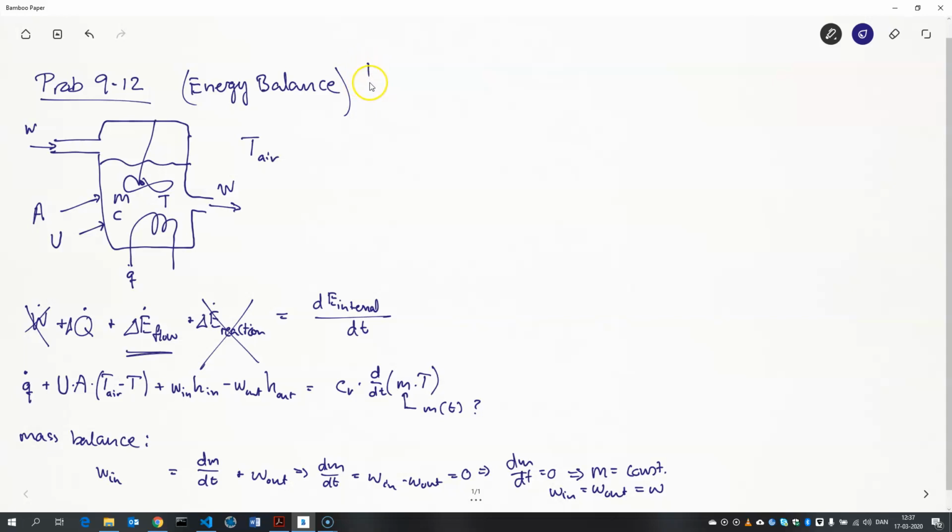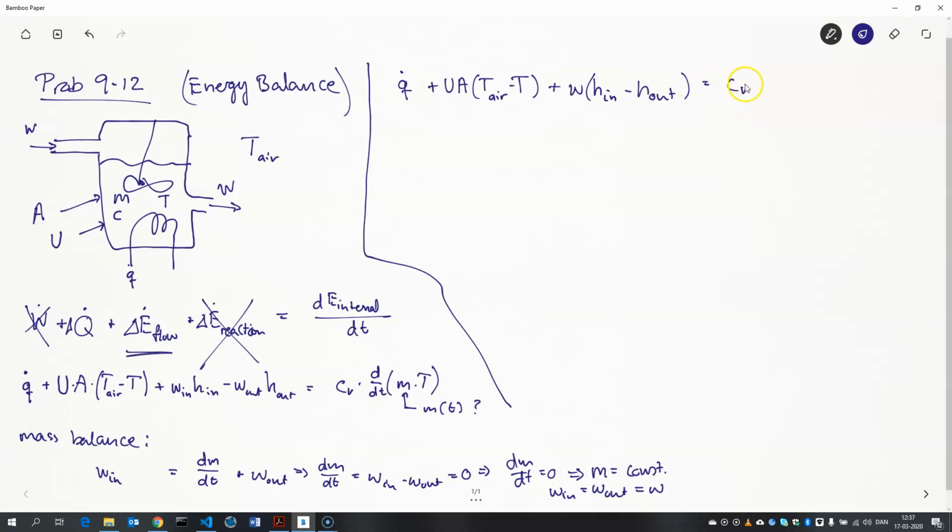So that simplifies our equation. I'll just draw a line here. And we can write Q dot plus U A times T air minus T, plus W times the enthalpy of the incoming components minus the enthalpy of the outgoing components, equal to C V, and I can pull out the mass now because it's a constant, times dT dt.